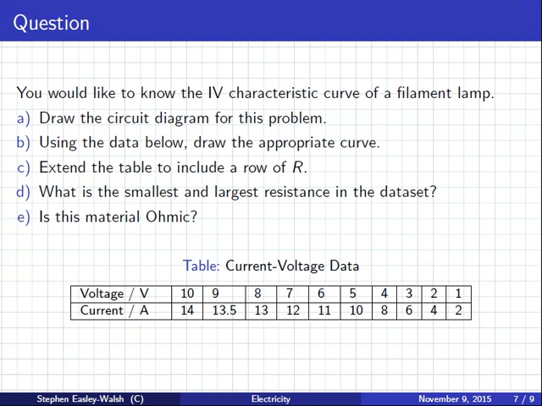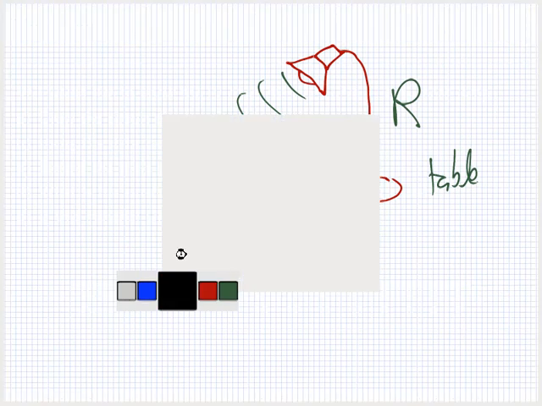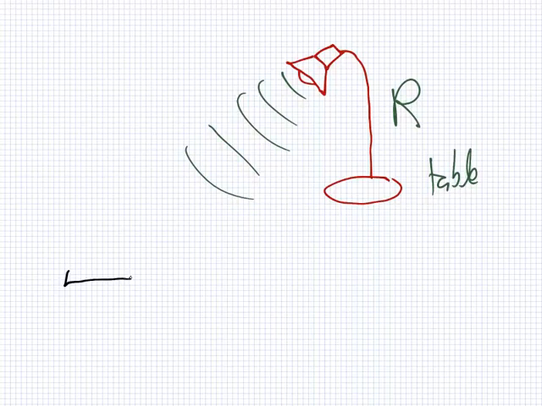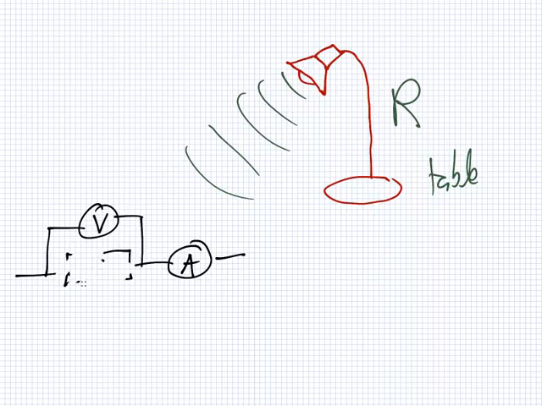Let me see. The first part, part A, was to draw the circuit. So remember, you have a resistor, then you need to measure the current, and then you need to also measure the voltage. Oh, and actually, sorry, this resistor is now a light.